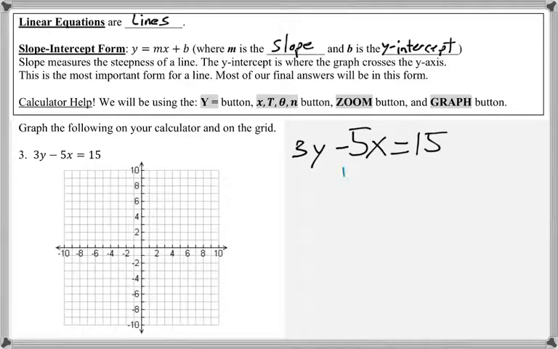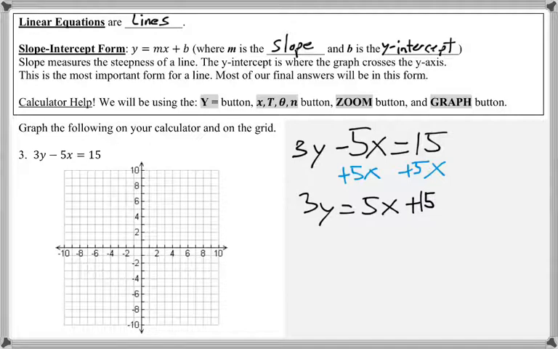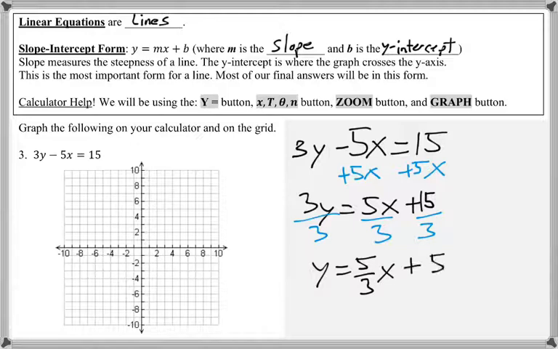So I'm going to add 5x to both sides. Then I'm going to divide both sides by 3. And y is going to be equal to 5/3 x plus 5. So now this is in slope-intercept form.